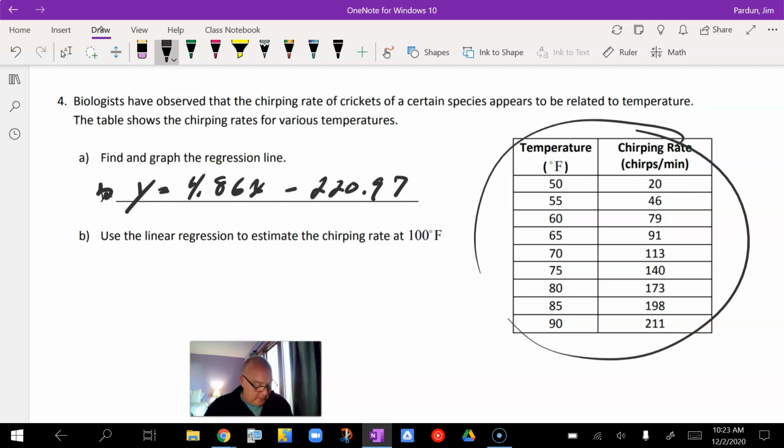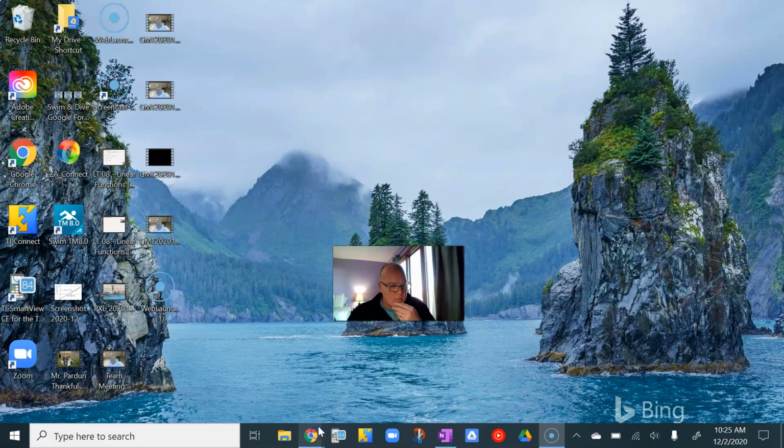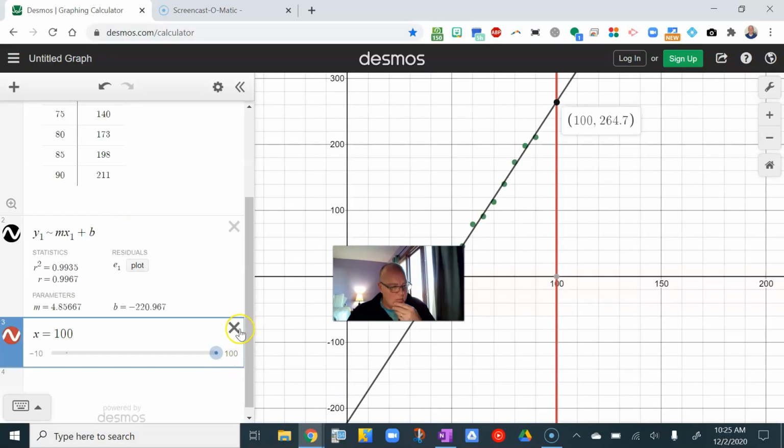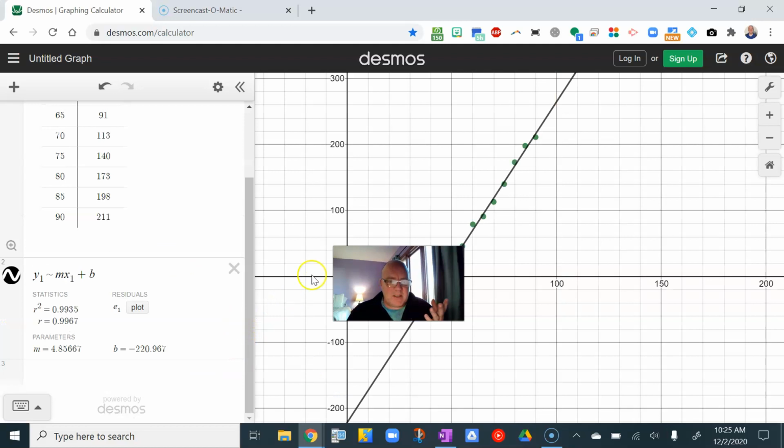Now it says use the linear regression to estimate the chirping rate at 100 degrees Fahrenheit. If I go back to my graph here, I can see that I don't have a table of values for 100 degrees Fahrenheit. So what I can do is make a prediction.